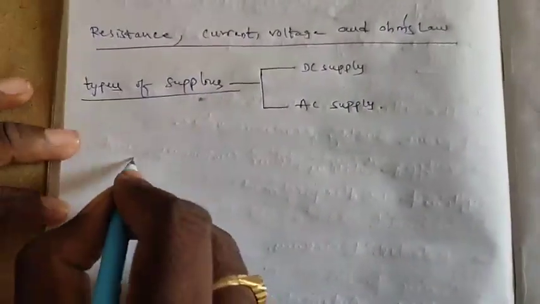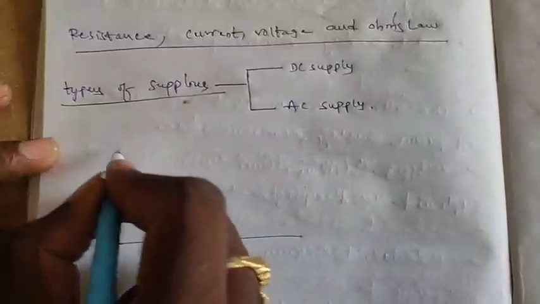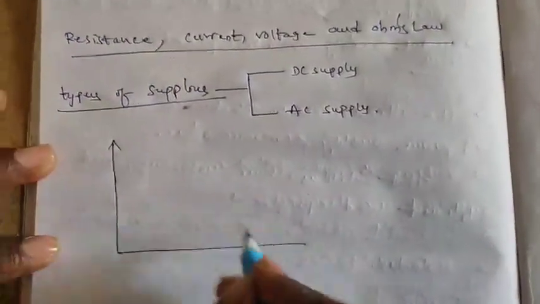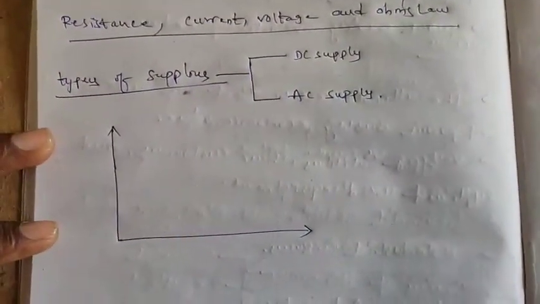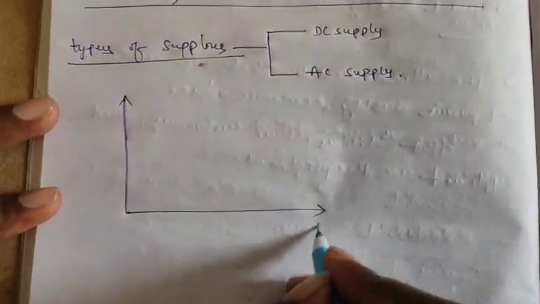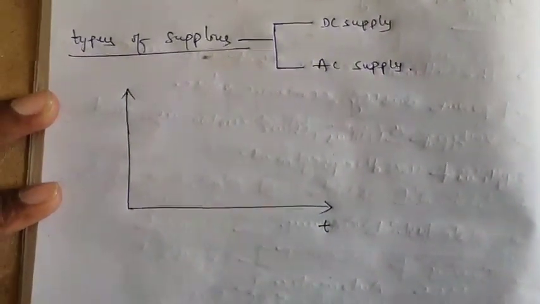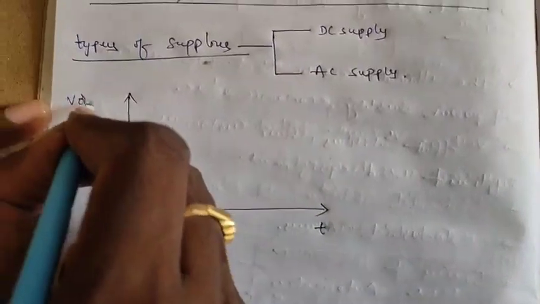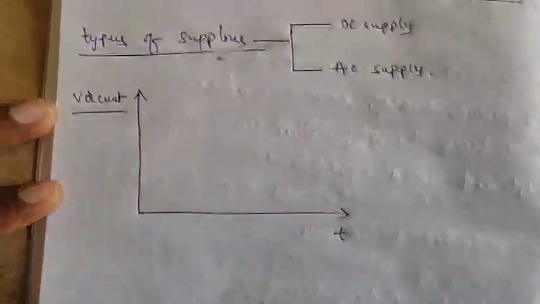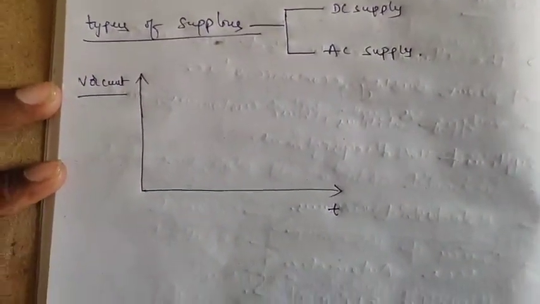So we have to represent it in a graphical manner, taking time on the x-axis and either voltage or current on the y-axis.